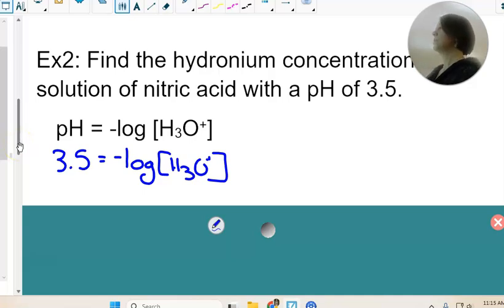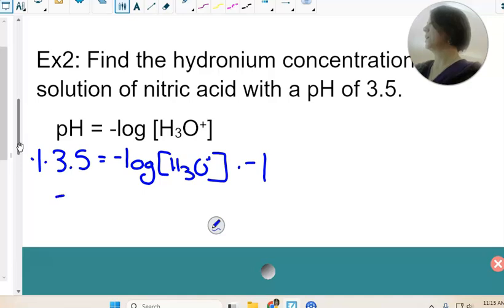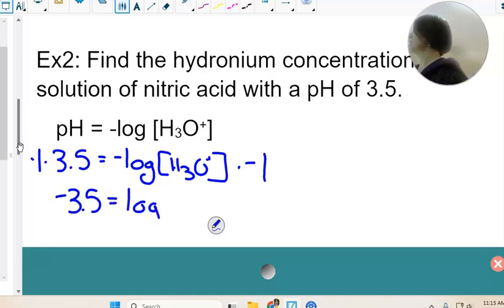The opposite of timesing by negative 1 is timesing by negative 1, so we're going to times negative 1 on each side. So then we get negative 3.5 equals the log of the hydronium concentration.